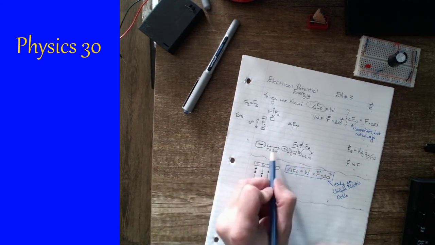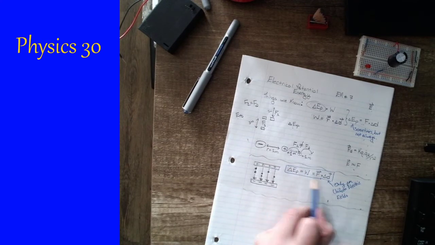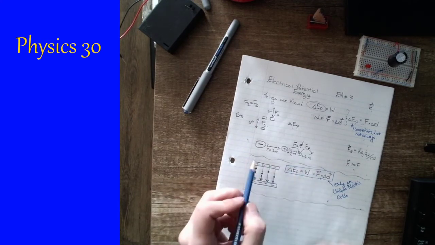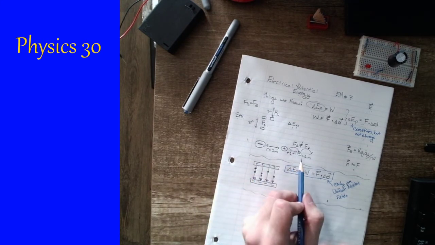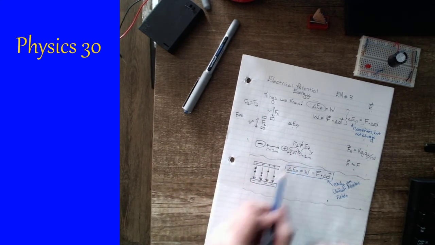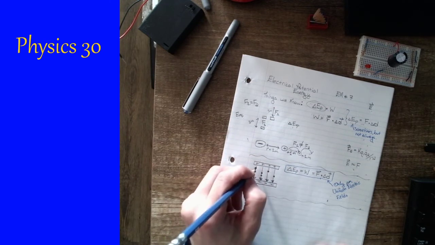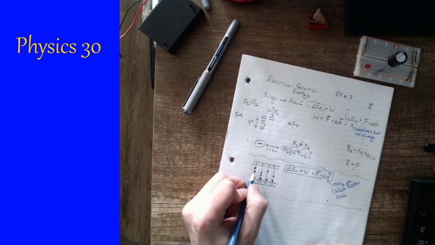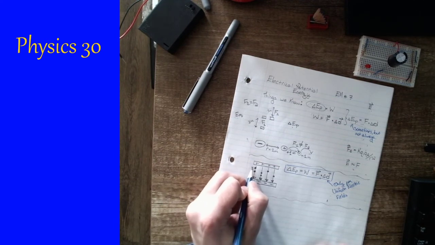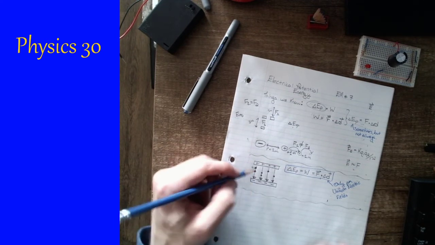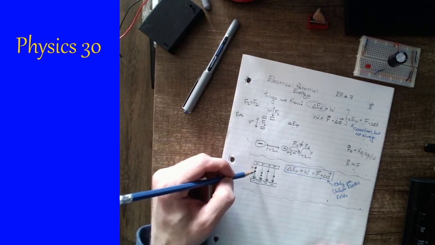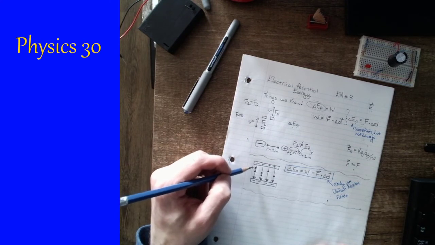Now that still happens here. I just can't use that full relationship. The energy still changes in both of these. So, for example, what that could look like is a positive charge starts out here. And being a positive charge, it wants to move to this location. It does so, and the energy changes.